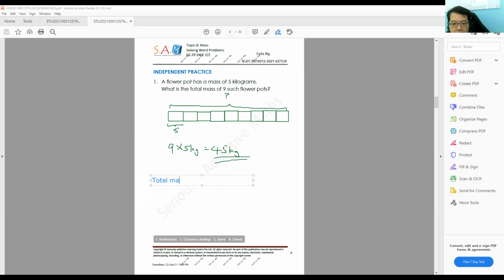Total mass of 9 flower pots, oops, pardon my typing. Okay, please pause if you have not completed this, and then we'll get ready for the next question.